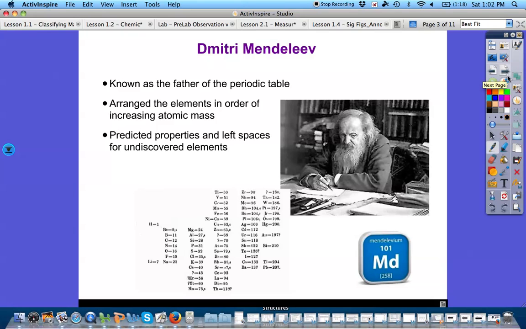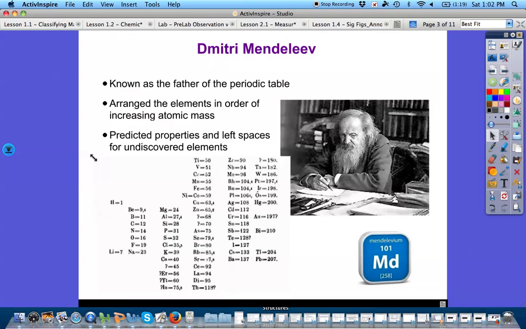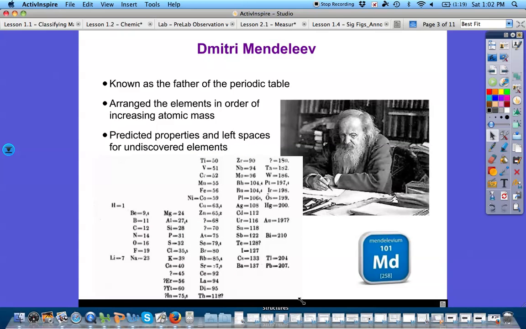Dmitri Mendeleev is known as the father of the periodic table, and he arranged the elements in order of increasing atomic mass. He predicted properties and left spaces for undiscovered elements. Down here at the bottom is a picture of his periodic table. You can see that there are some spaces left in here.